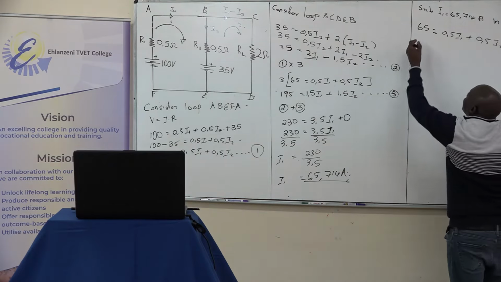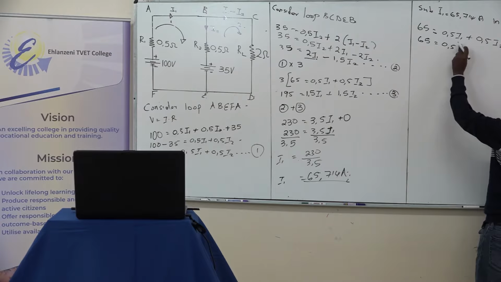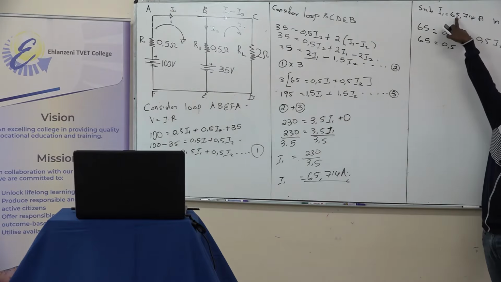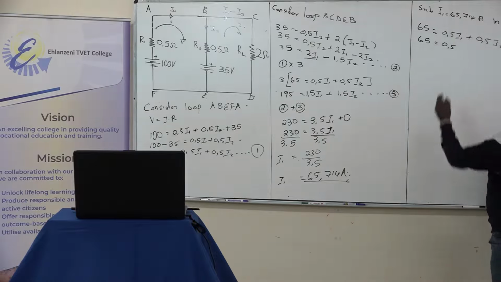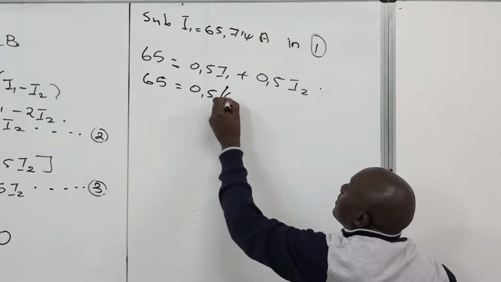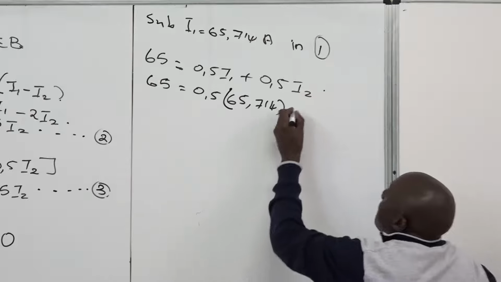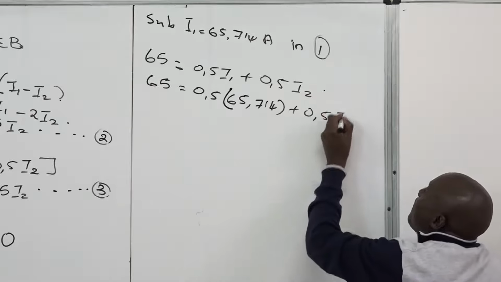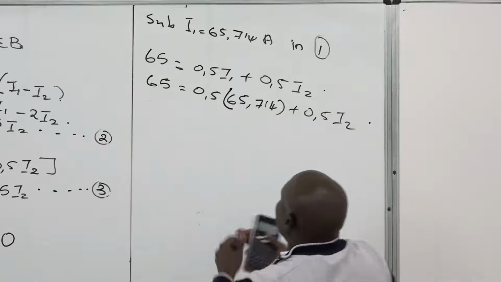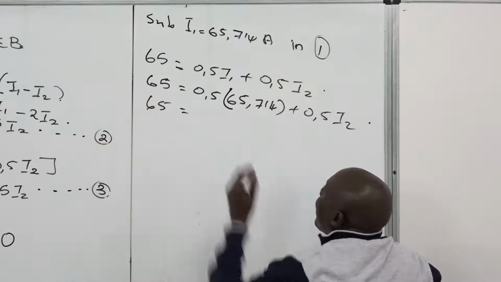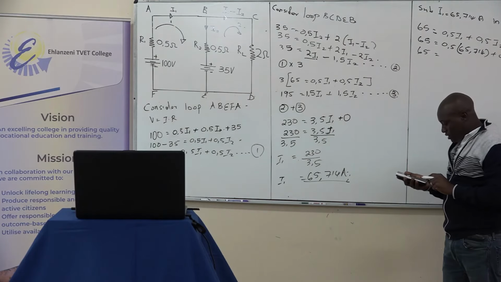So now 65 equals 0.5 times, where I1 is, I'll put 65.714, plus 0.5 I2. That is my substitution. Now, let's multiply 0.5 by 65.714.